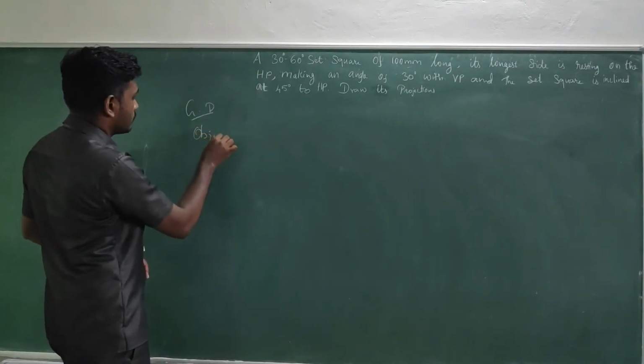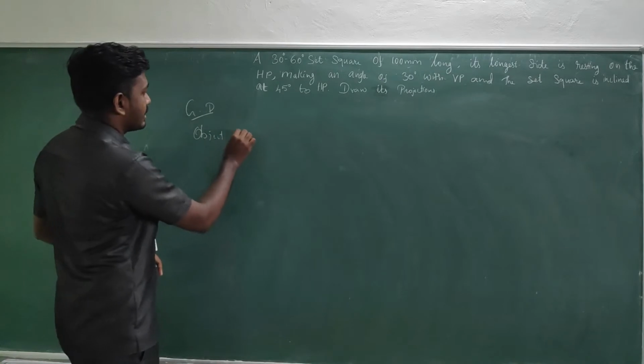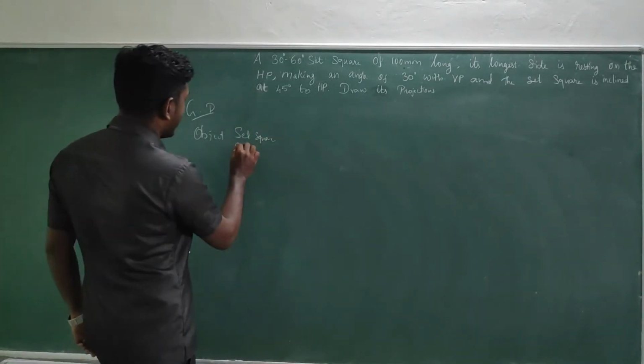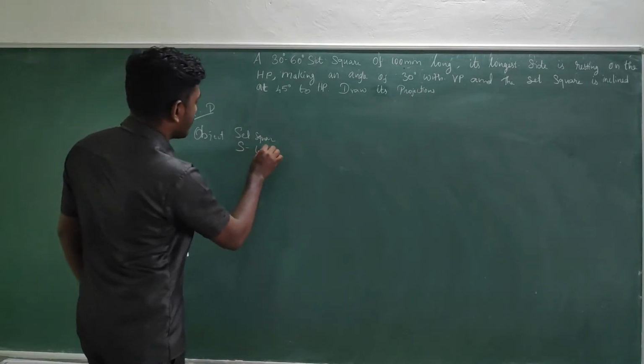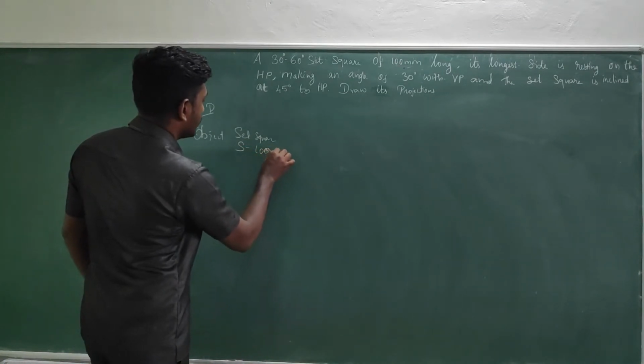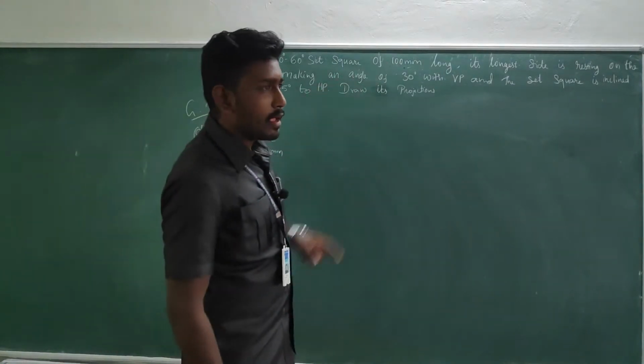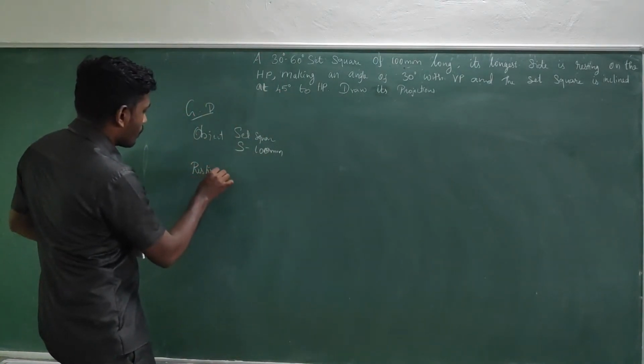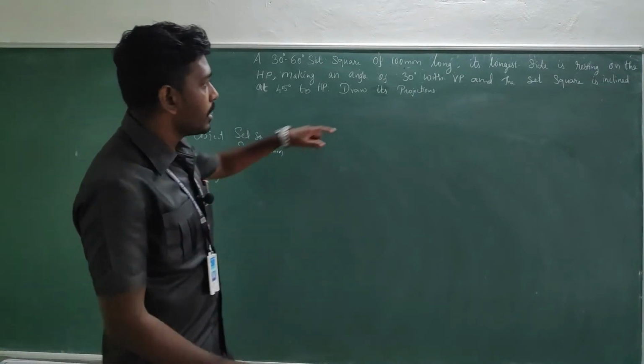Get all the information and the given data. Object given is set square and its side is given as 100 mm. Okay, and what about the resting?